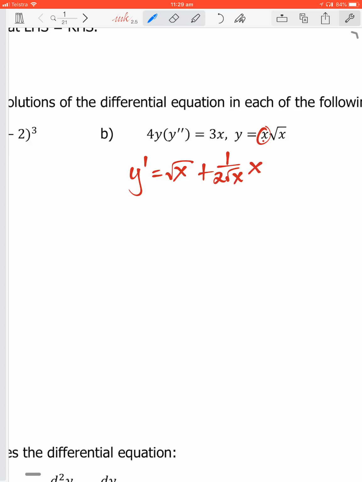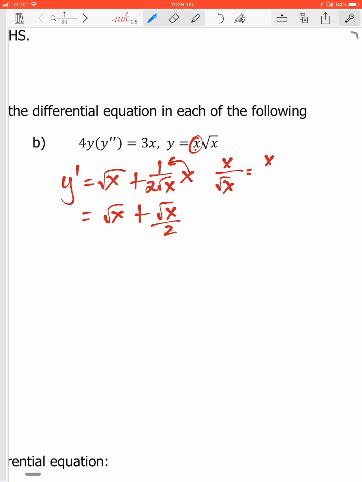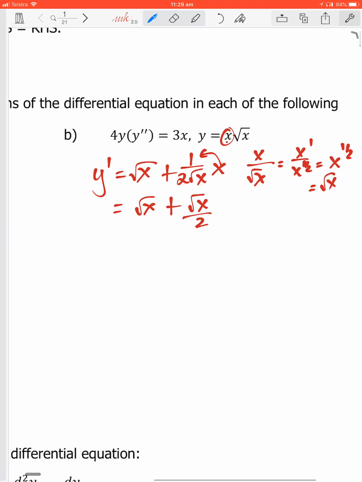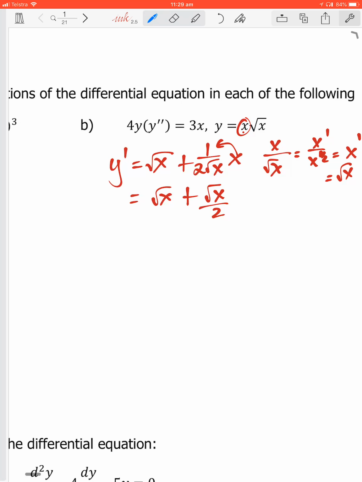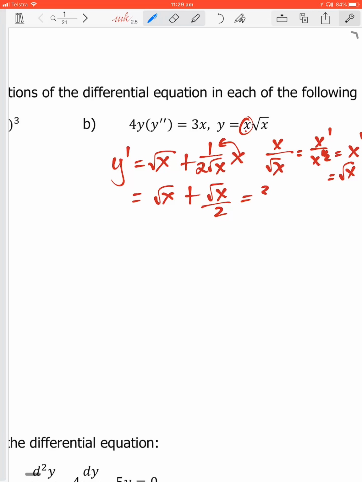That's our first derivative, but we can clean that up: root x plus x over 2 root x. Because x over root x is the same as x over x to the 1/2, when we subtract the powers we get x to the half, which is root x. So I get root x plus root x on 2, which is 3 root x on 2.